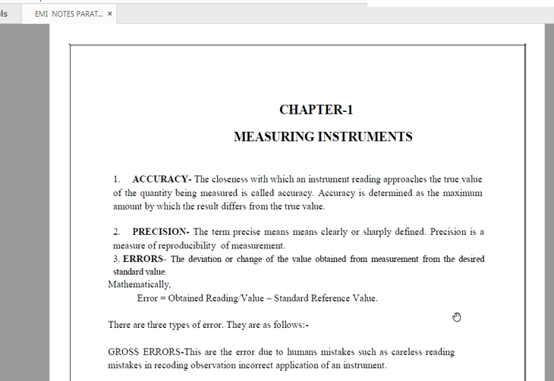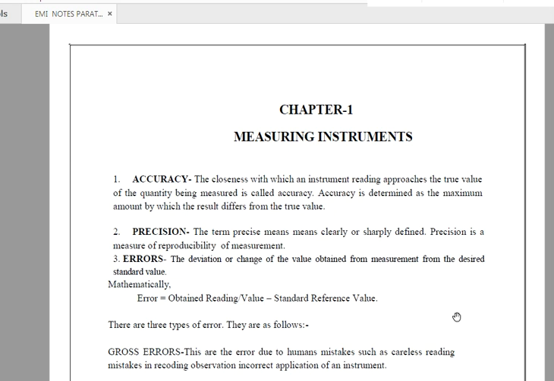Mathematically, we represent error as equal to the obtained value, the reading or measured value, minus the standard reference value. A standard reference value is given, and when we compare it with the obtained or measured value, we get the error.